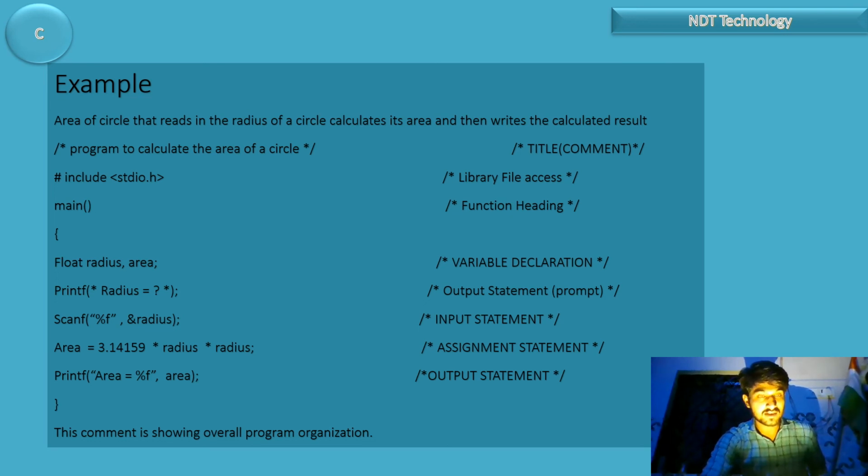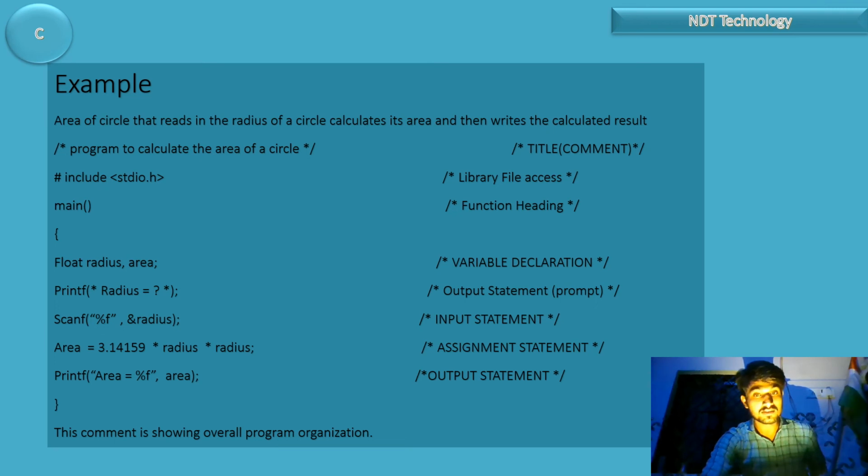First, hash include stdio.h means library file access. Second is main. I have already told you that first you have to initialize the main function, then other functions will work according to the compiler and the rules of the C language. So the function heading is mandatory for writing any program. Then all the statements come within curly braces.